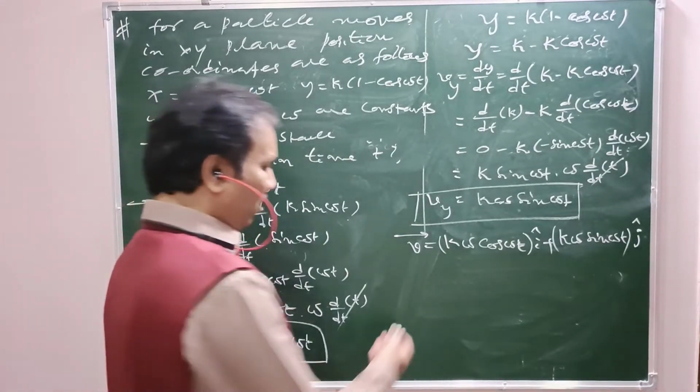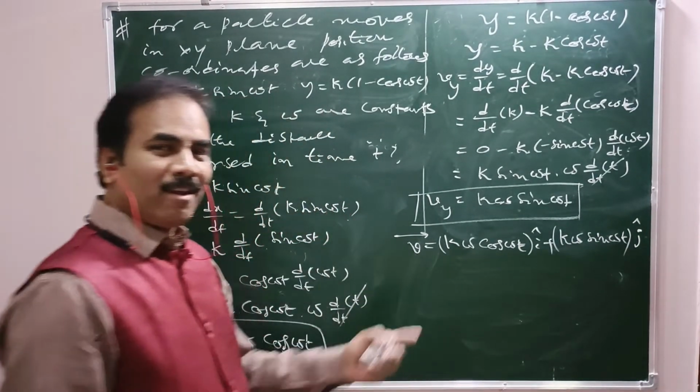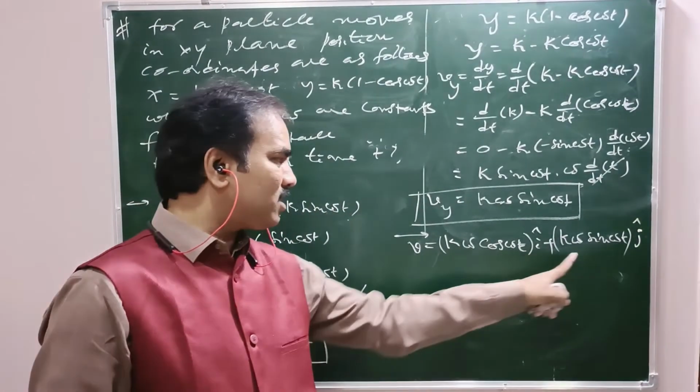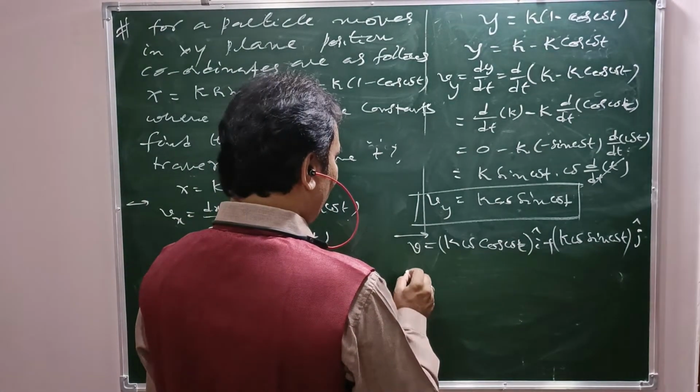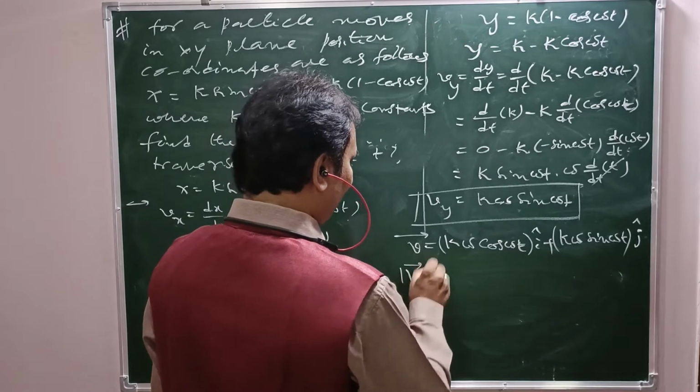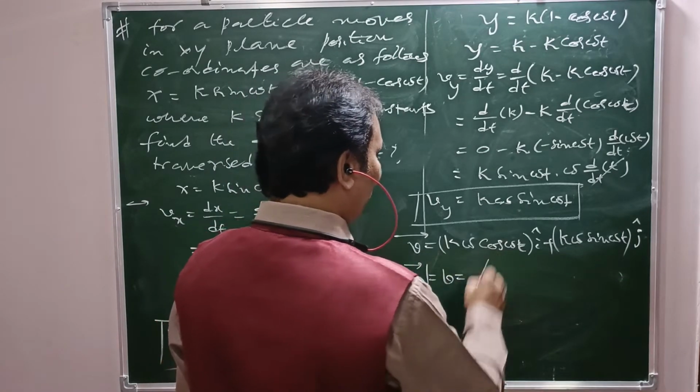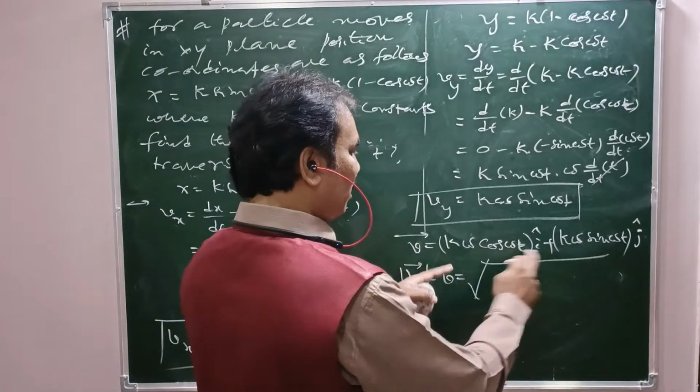Right? Now, how do you get the magnitude of velocity? Root over x component square plus y component square by definition. That is mod v bar, meaning v, equals root over x square plus y square. X means this one, y means this one.